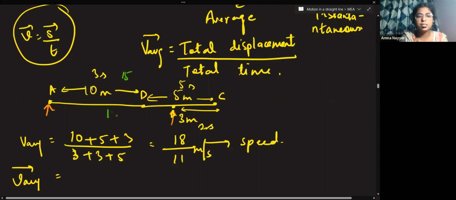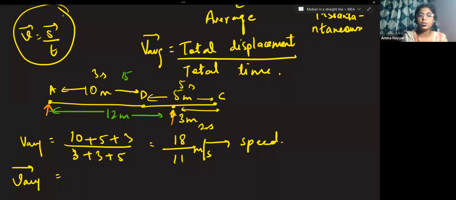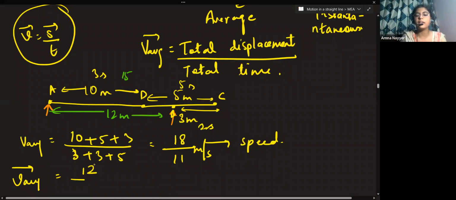So it means this much will be 12 meters. This complete was 15, 10 plus 5. And from here, 3 meters has already been covered. Our aim is what? Initial point is this, final point is this, to calculate this distance. So what will be the average velocity? It will be just 12 divided by the total time. This much meter per second. This becomes the velocity. Like this you have to calculate.